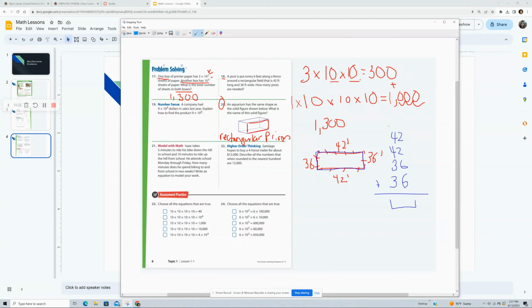So you're going to have your answer here. This answer is going to be divided by 6. And we are going to divide that by 6 because you're putting a post every 6 feet. Okay, so your answer will be the perimeter divided by 6. Whatever you get here will go here.